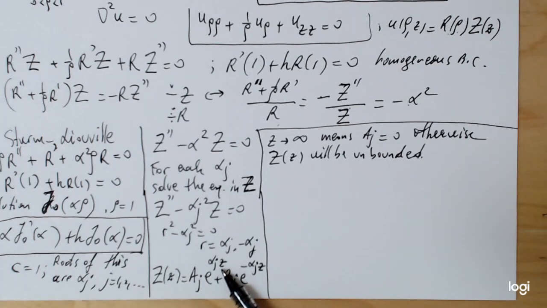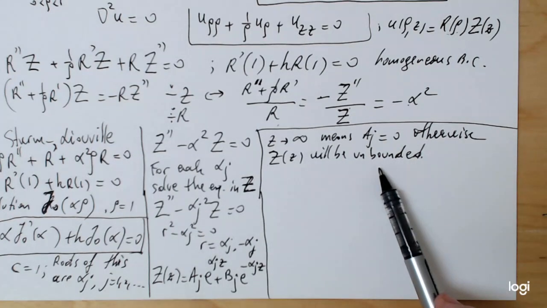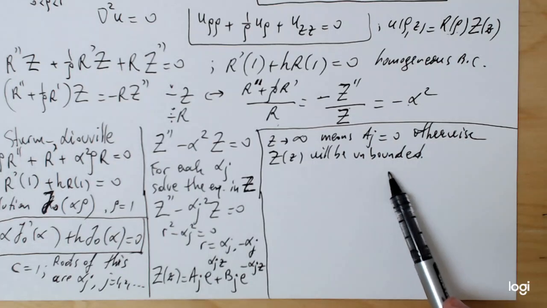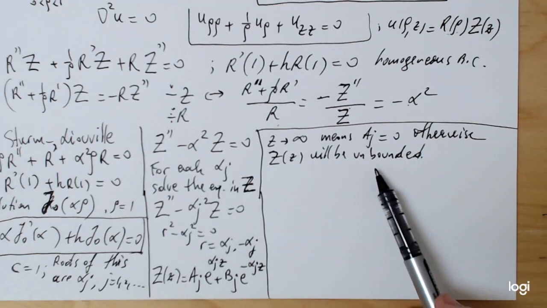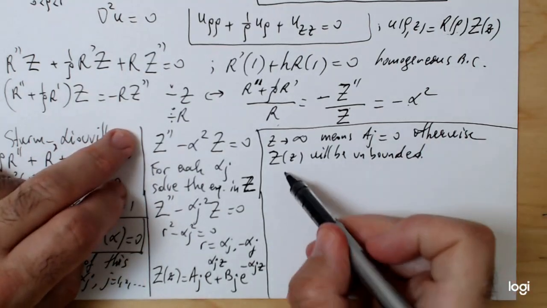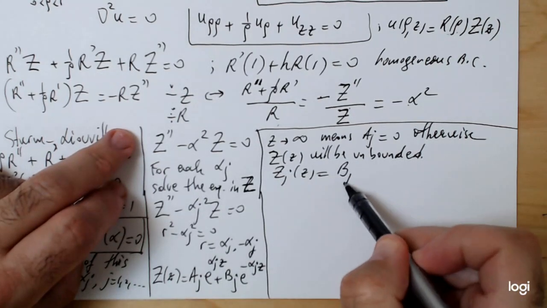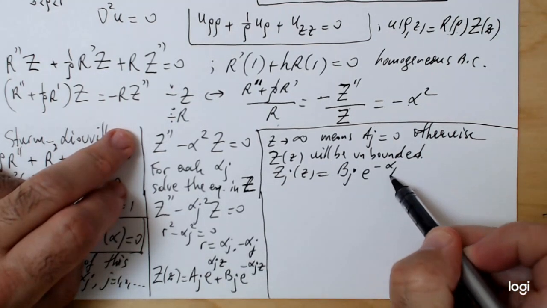Because z can get to infinity, the solution should still have a finite limit, which means you have an implicit boundary condition from the assumption that the solution should be bounded as a physical quantity. Therefore, a j must be 0. So with that in mind, Z sub j of little z is some constant b j e to the minus alpha j z.